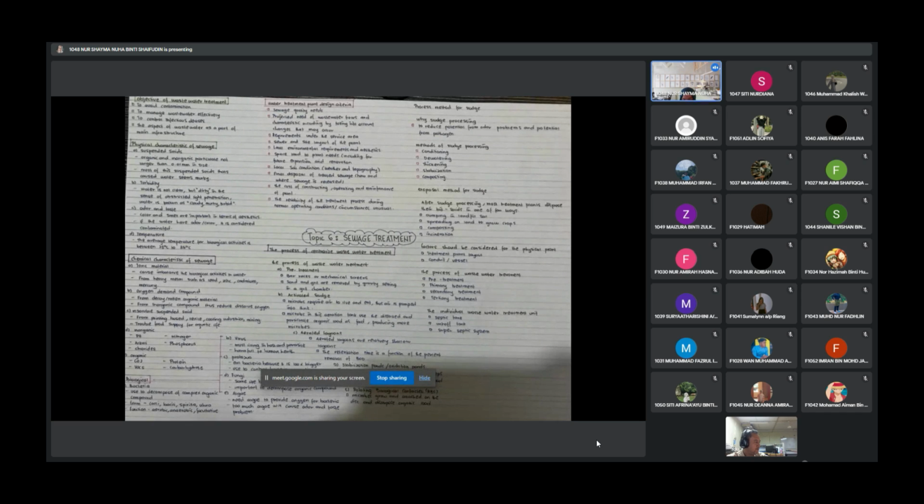It is to reduce potential from odor problem and potential from pathogen. And then method of sludge processing, ada conditioning, ada dewatering, thickening, stabilization, ada composting. Seterusnya disposal method for sludge. After sludge processing, mass treatment plant dispose their biosolid in one of following ways: dumping in landfill, spreading on land to grow crops, ada composting, ada incineration.